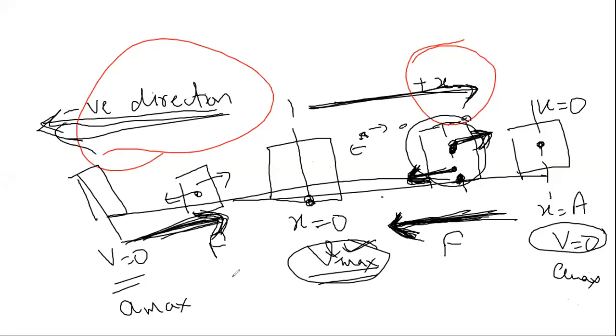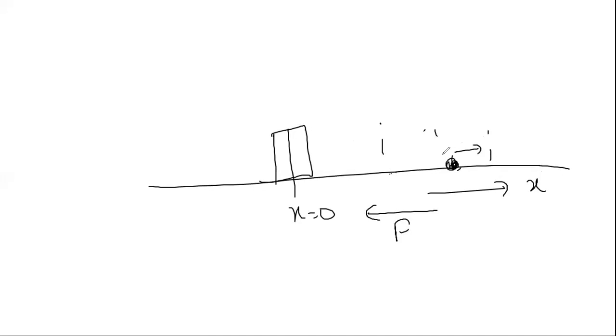You can remember it in a very simple way. With respect to equilibrium position, if you are sitting at any point in the positive x direction, your force is always going to act in this direction. At this specific point, it does not matter if you are moving in this direction or this direction. Your force is always going to act towards the equilibrium.